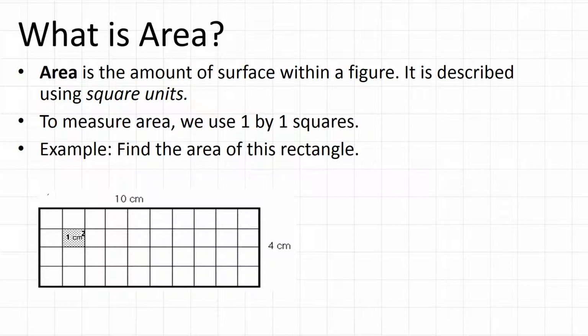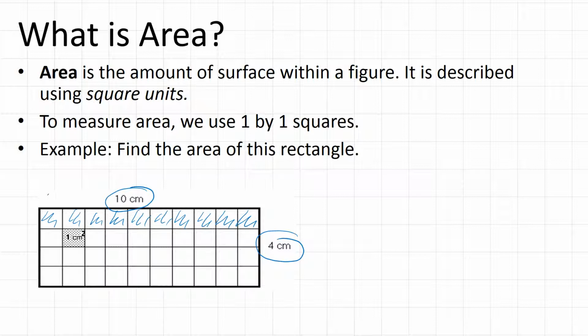So here we have a rectangle, and we know it is 10 centimeters by 4 centimeters. What I've done here is I've broken the length down into 10 squares. So I've got 1, 2, 3, 4, 5, 6, 7, 8, 9, 10. And I've done that going throughout.